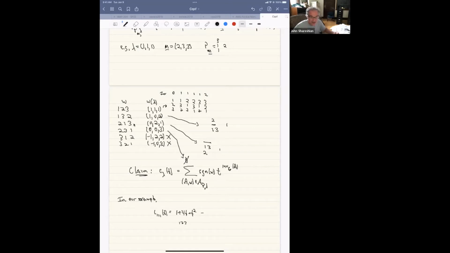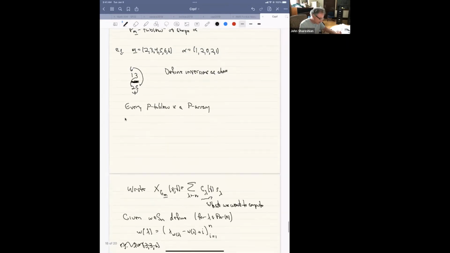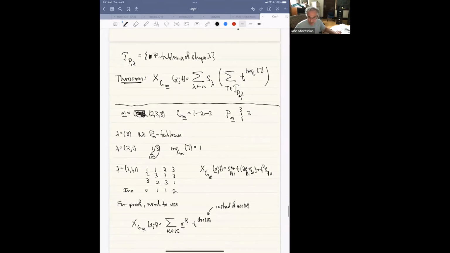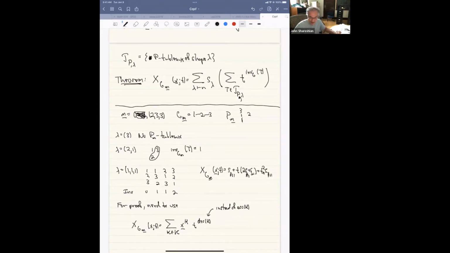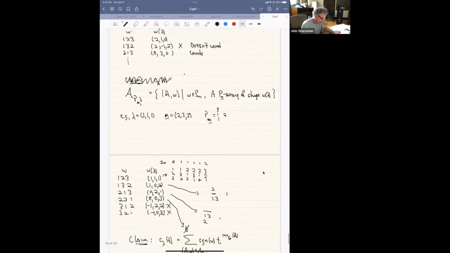Right, minus, these two are odd permutations, they're transpositions, 2t, right, 1, 3, 2, and 2, 1, 3. 1 plus 2t plus t squared, which is exactly what it was somewhere up here. Right, here's S11, there's 1, 2 t's, and t squared. So this is the claim.